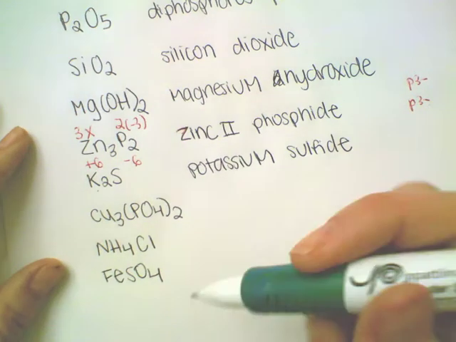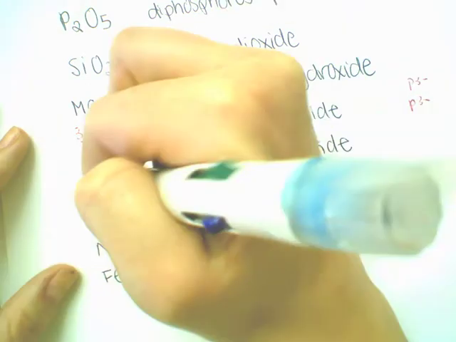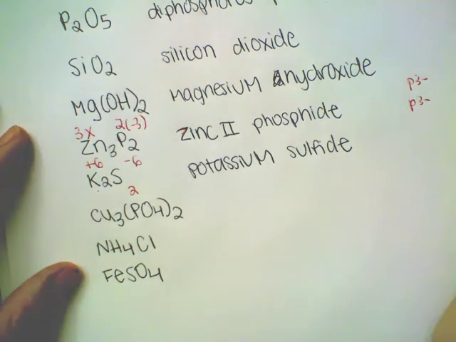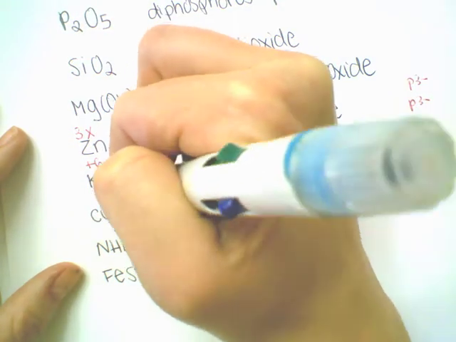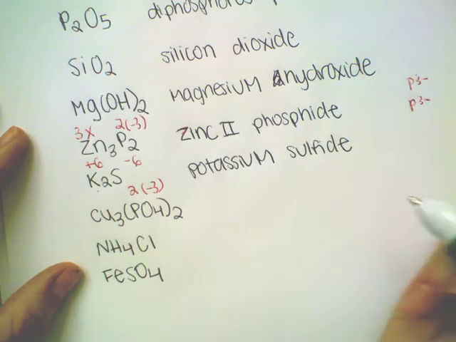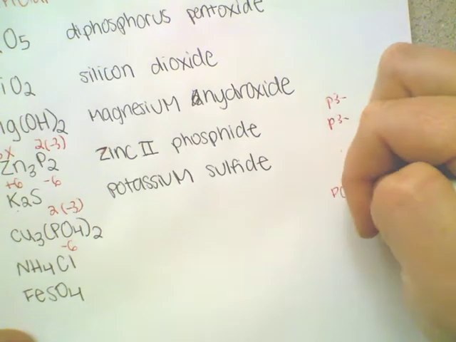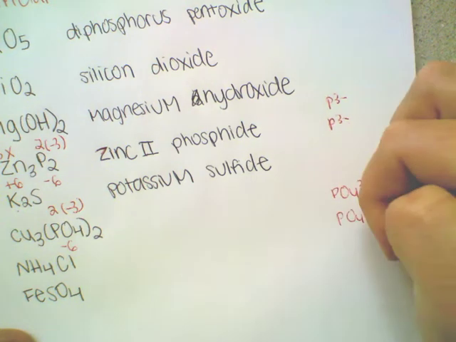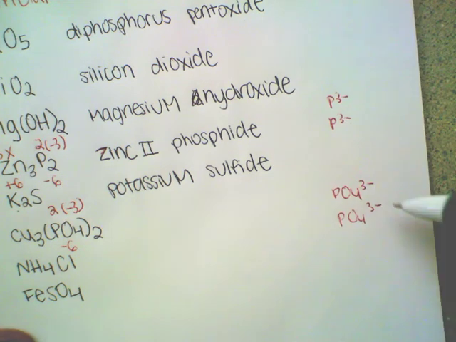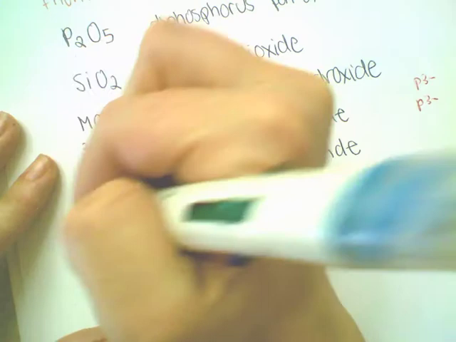So we have 2 phosphate molecules. And the charge is -3. So the negative charges add up to -6. So again, just like in the last example, that means I've got PO4 3-, PO4 3-, 2 of those, so that adds up to -6. Okay, we have 3 copper atoms present.